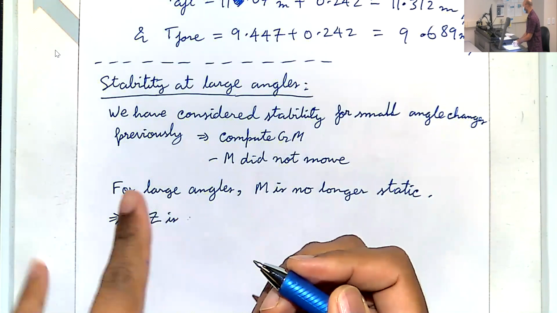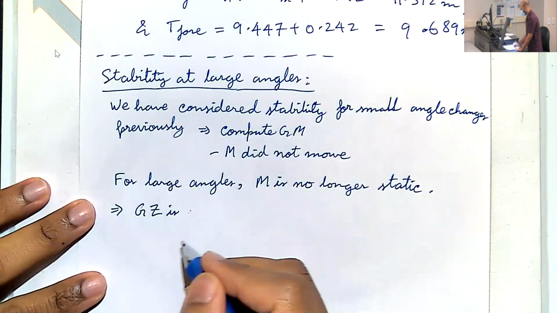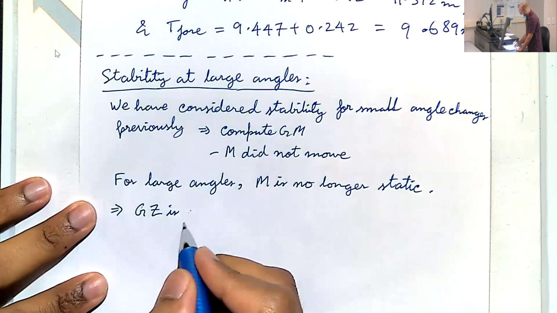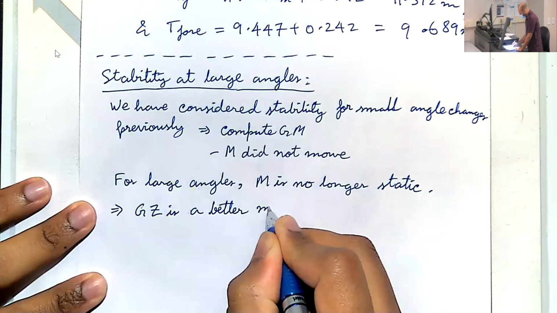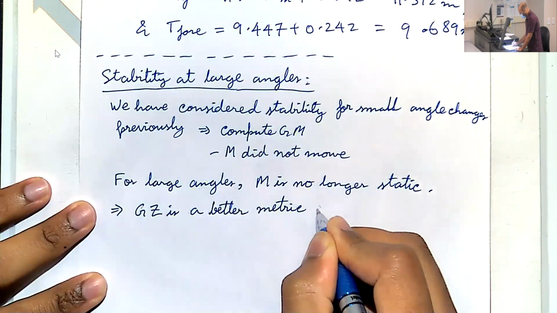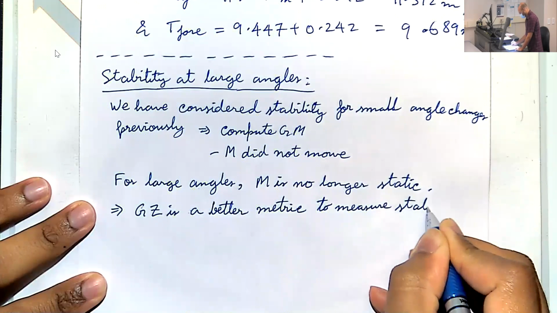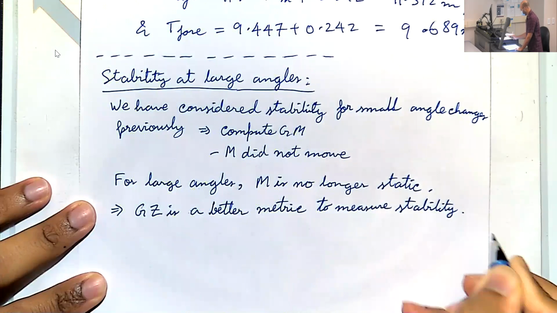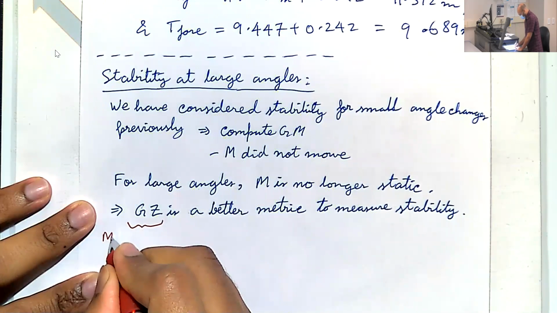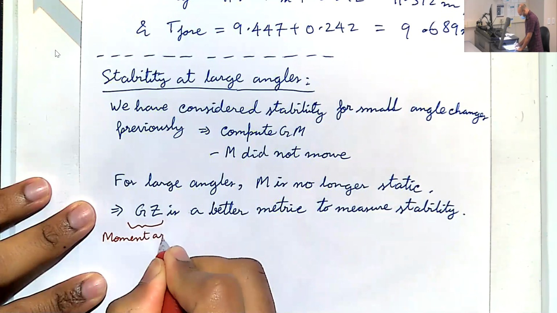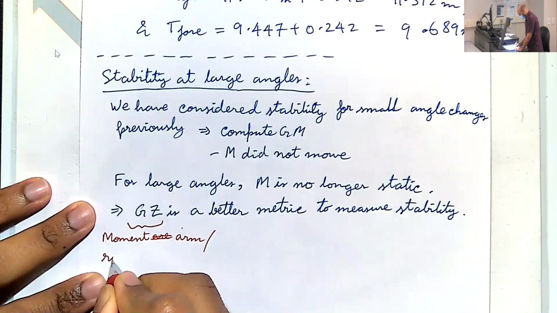It's basically the restoring moment arm. So GZ is a better metric to measure stability. This guy is the moment arm, or the righting arm.